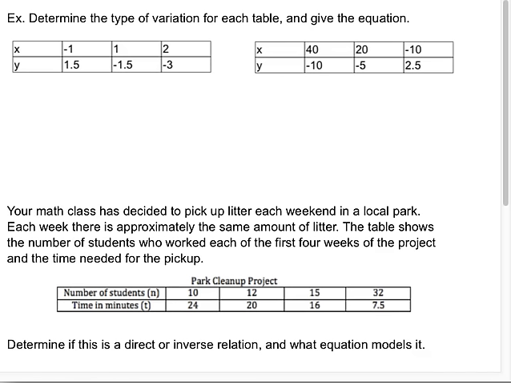All right. So let's see if this is direct. All right. So I'm going to plug in 1.5 and -1. So divide that -1. So my k is going to be -1.5.